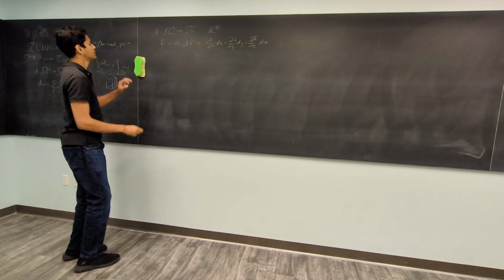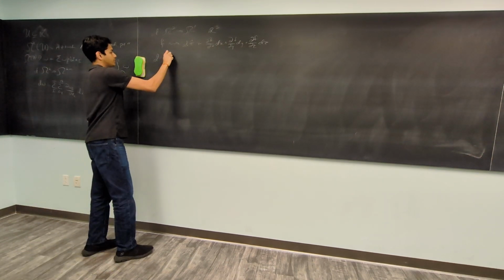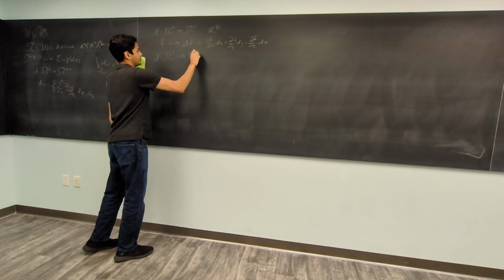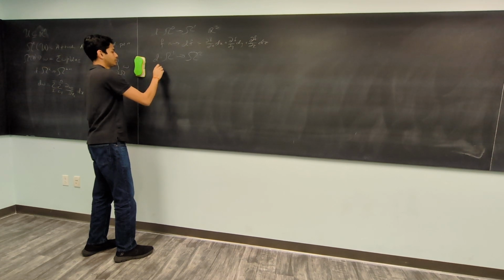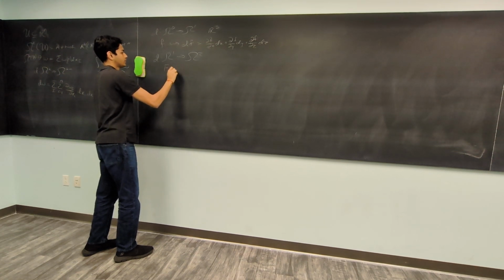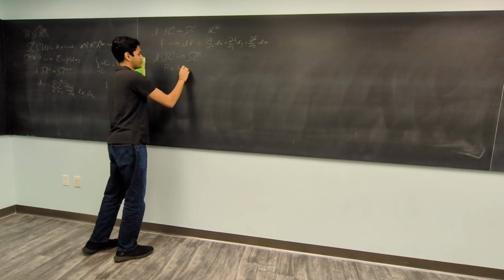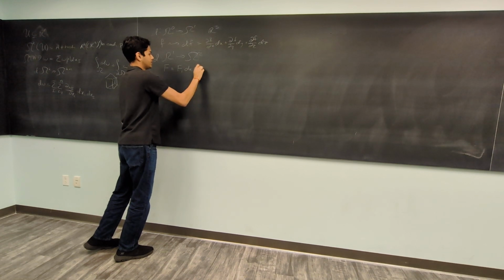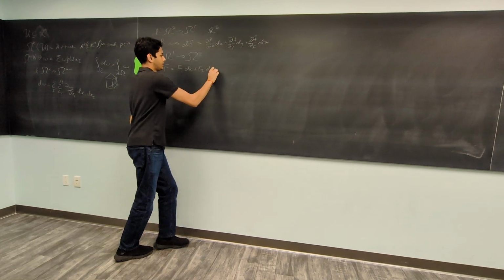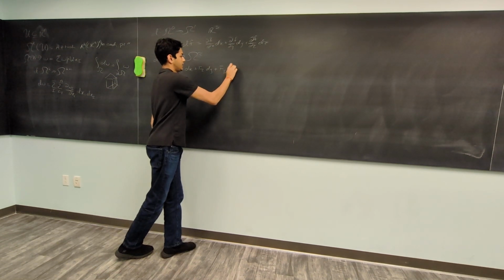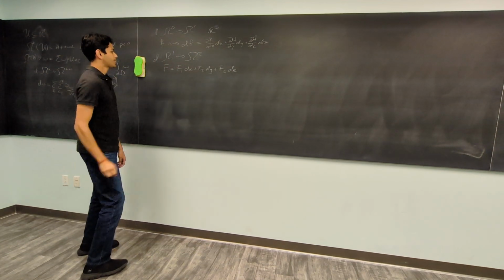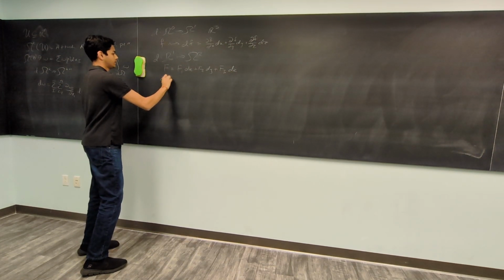But let's look at what d does from omega 1 to omega 2. So a general one-form is going to look like f1 dx plus f2 dy plus f3 dz. Right? So what should d of this do?